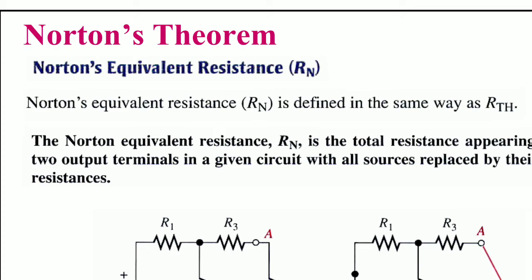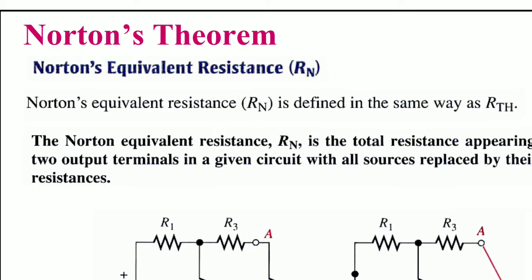That means, in Thevenin's circuit, how we calculate Thevenin's resistance, the same procedure is followed in Norton's theorem also. So RTH, in general we can say, is Rn also.